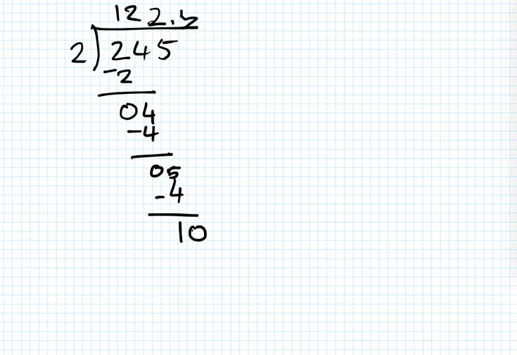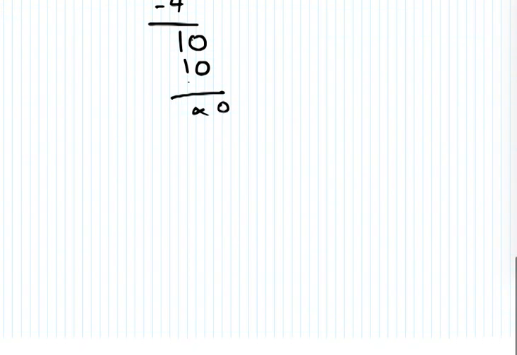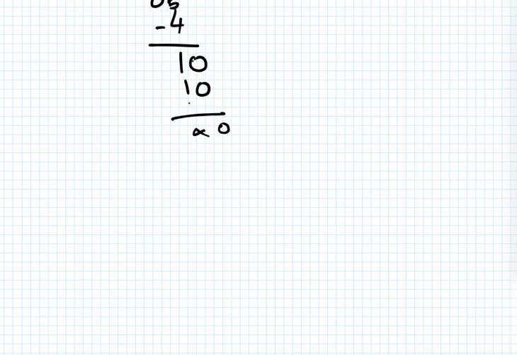So 5 times 2 is 10. And you've got nothing left over, right? So 0. So the answer is 122.5. So 245 divided by 2 is 122.5.